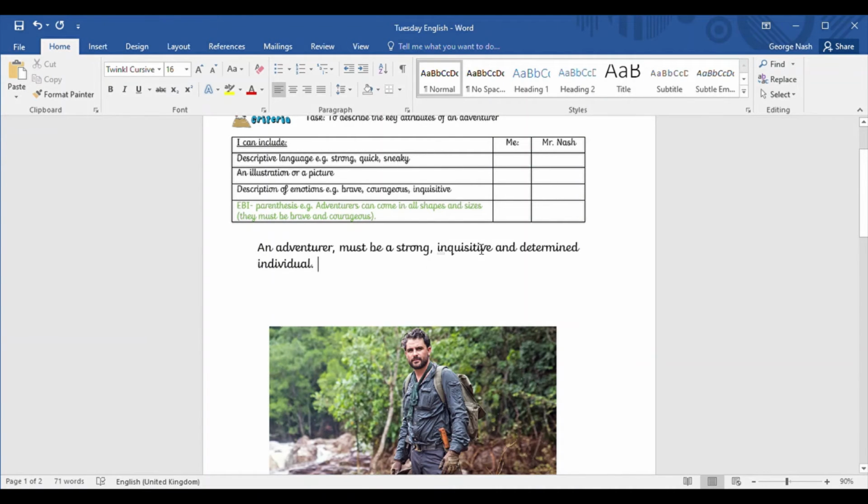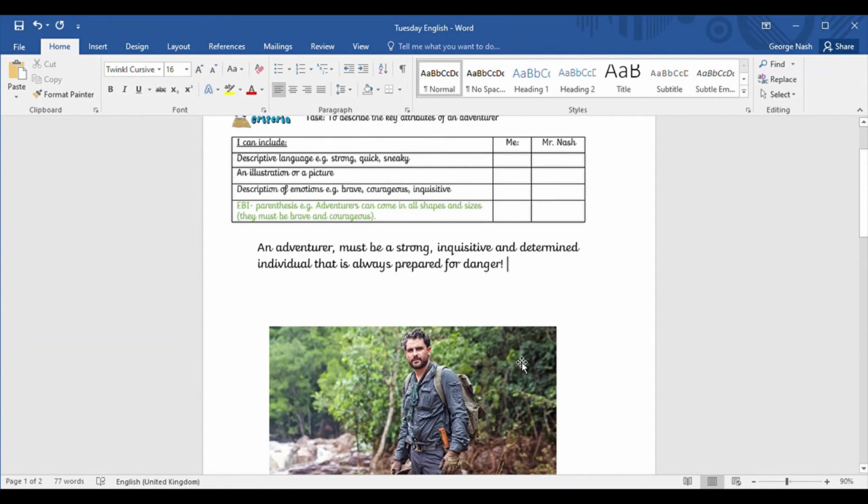Strong, inquisitive, and determined individual. And I could include a subordinating conjunction here, such as that is always ready, or that is always prepared for danger, exclamation mark. An adventurer must be a strong, inquisitive and determined individual that is always prepared for danger.